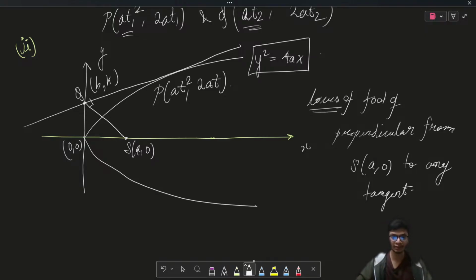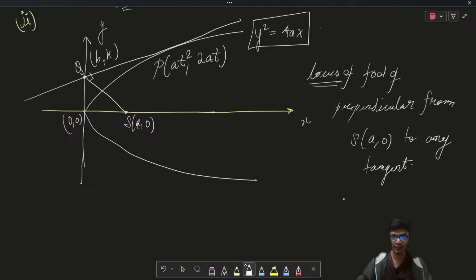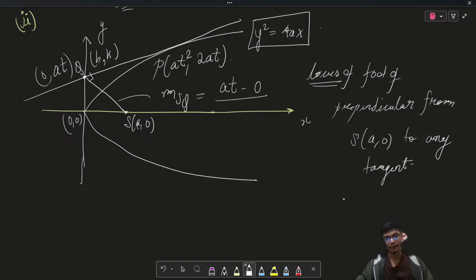We have discussed that this locus is basically the tangent at the vertex. Since this is the foot of perpendicular, the slope of the line SQ is simply given as at minus 0, because this particular point is going to be (0, at).